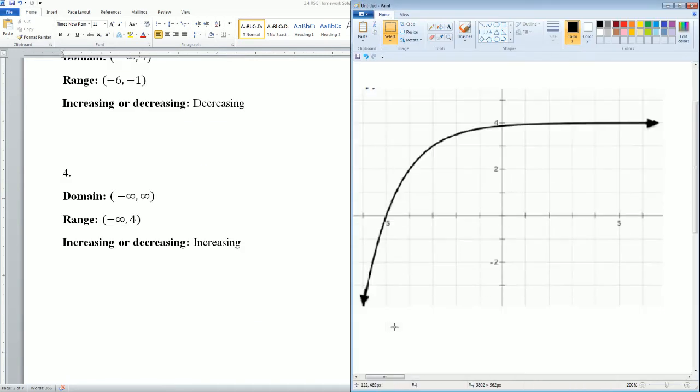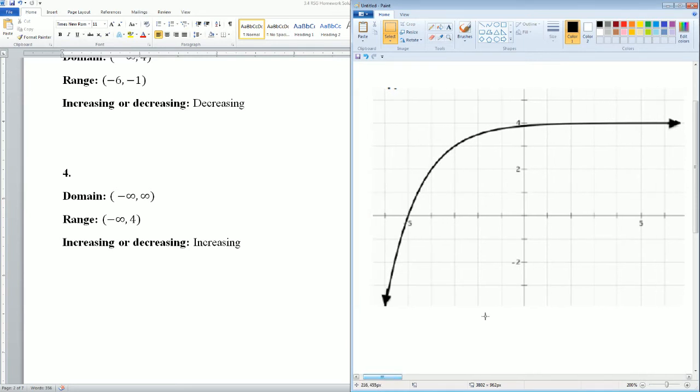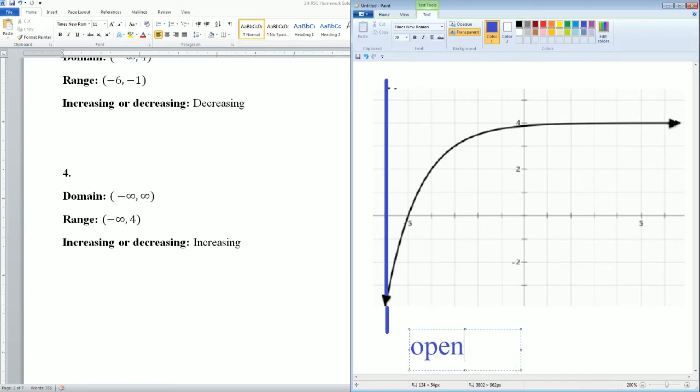Okay, alright, let's take a look. So here, let's look at the domain. Alright, do you see the arrow? Right, so this is going to be open here, and it looks like it goes on forever.